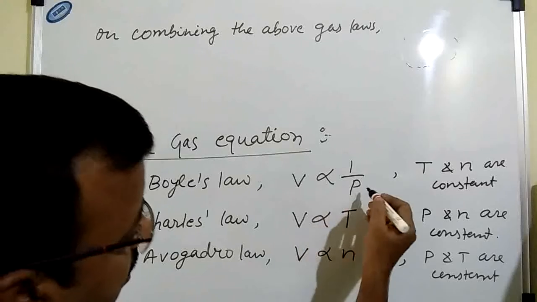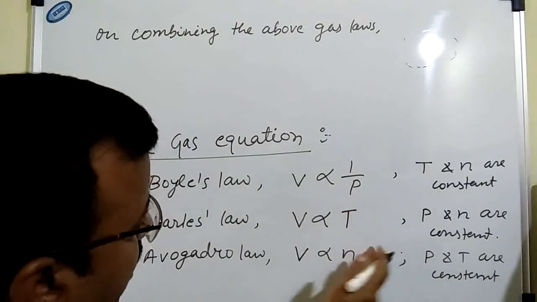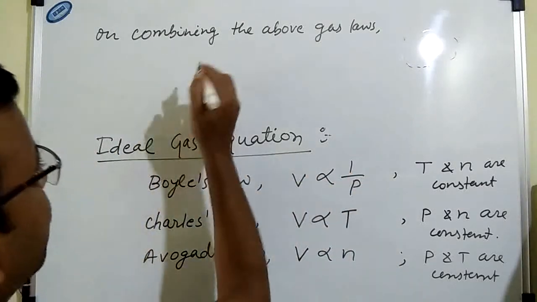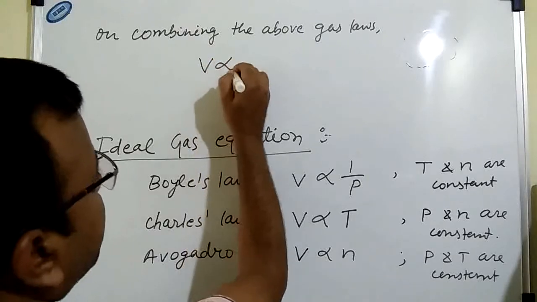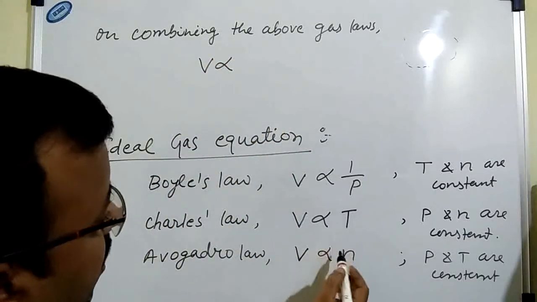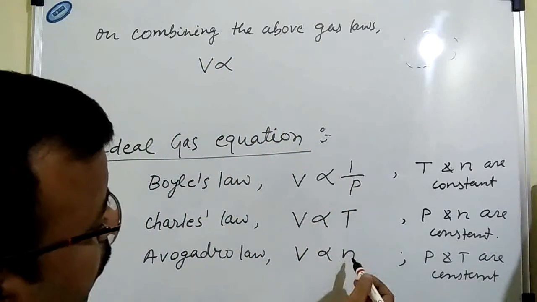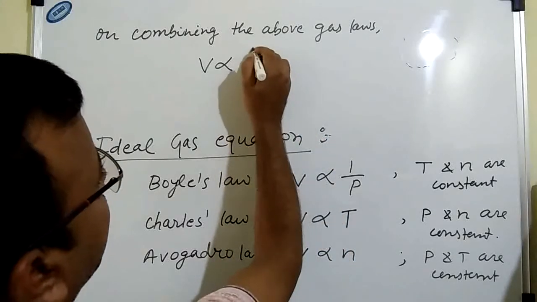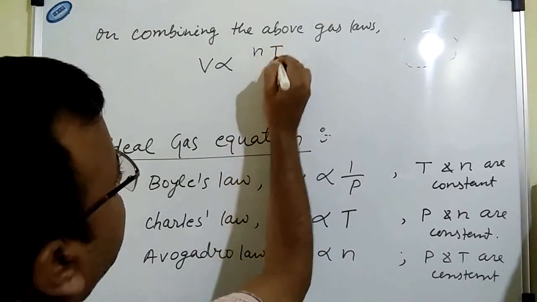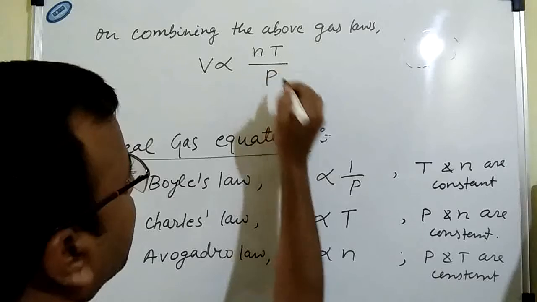If you number them equation 1, 2, 3, then combining 1, 2, 3, we can write V is directly proportional to, here this will be a product, n times T by P. Any confusion?